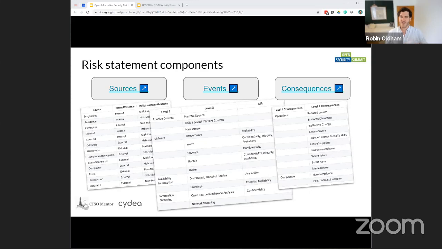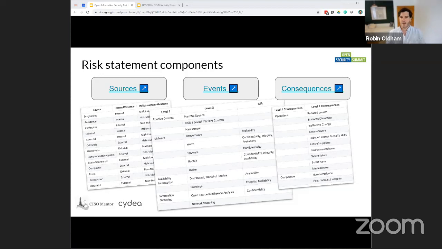A simple hierarchy helps group them, with a bit of consideration for the good old CIA triad of confidentiality, integrity, and availability. And then consequences, be that operational, compliance, financial, strategic, all the things that might impact your business as a result. That might be disruption to your business, an environmental harm, or a safety harm.